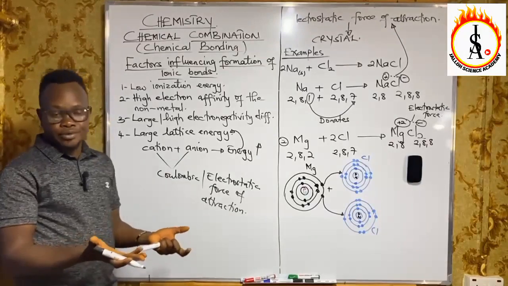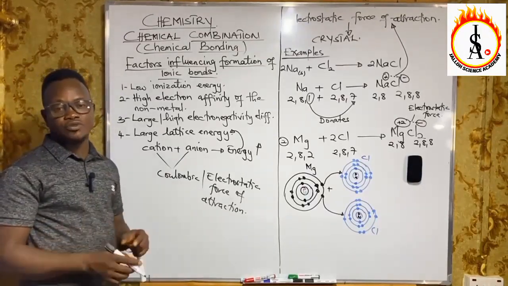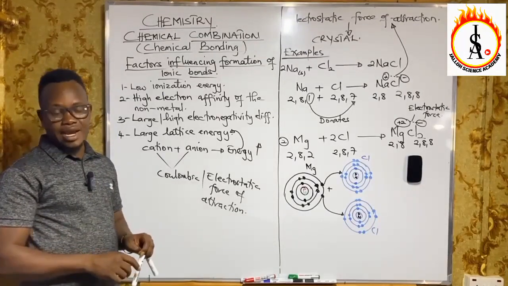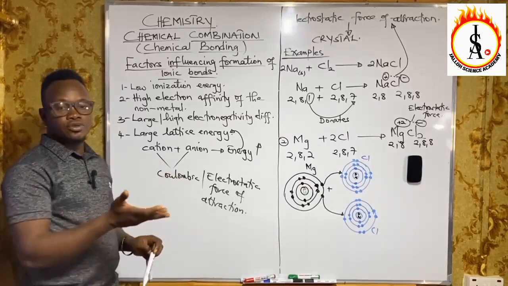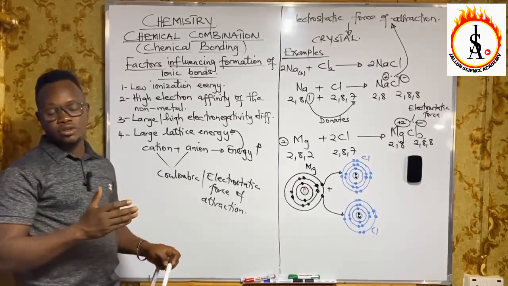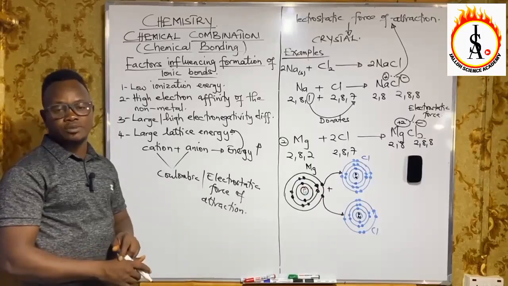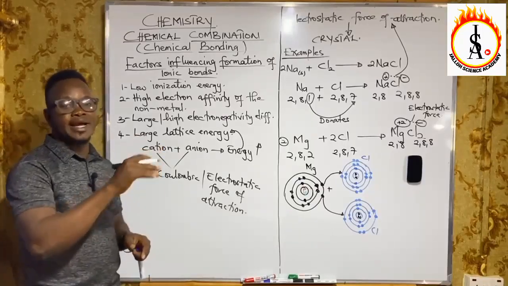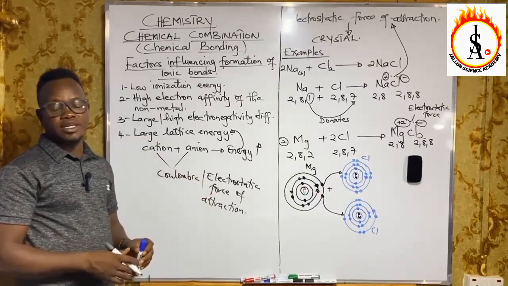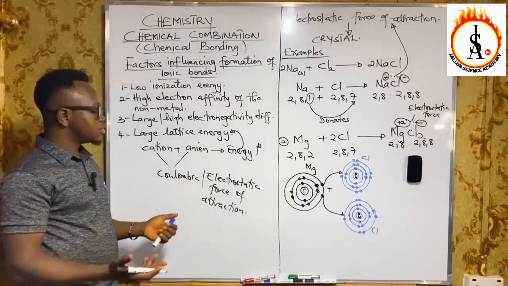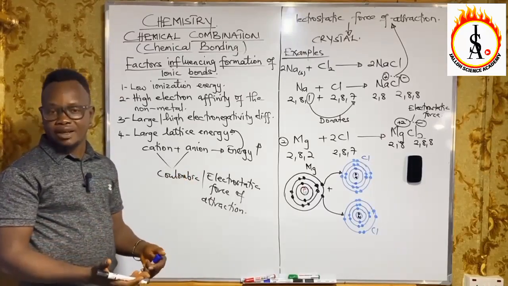And when these ions combine with each other, a high amount of energy is released, and the quantum of energy released can lead us to having stable compounds formed or unstable compounds formed. If the energy released is very high, that will lead us to having stable compounds being formed. If the energy released is low, that will lead us to having unstable compounds that are formed.